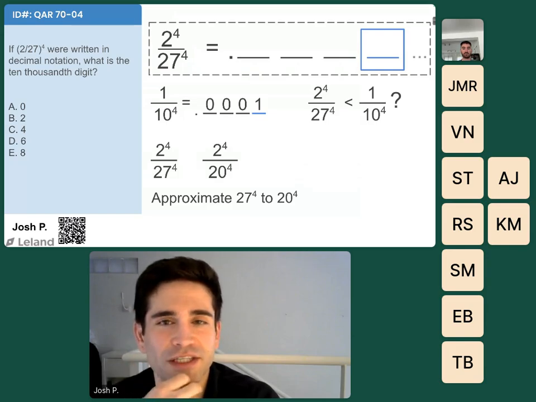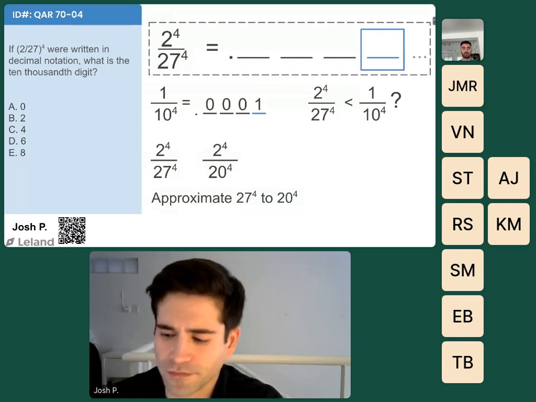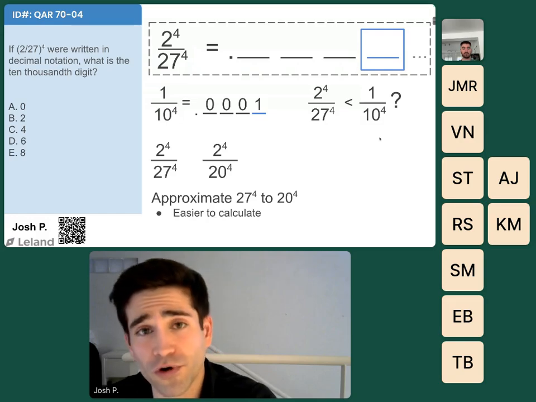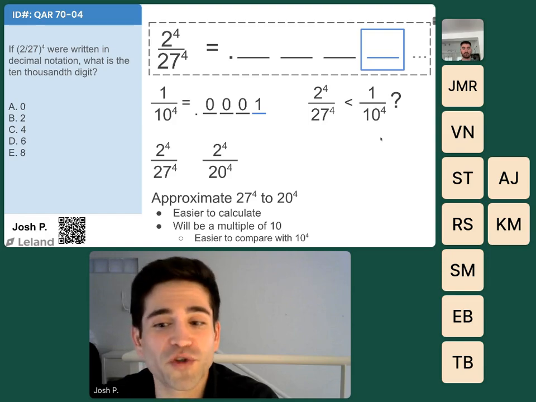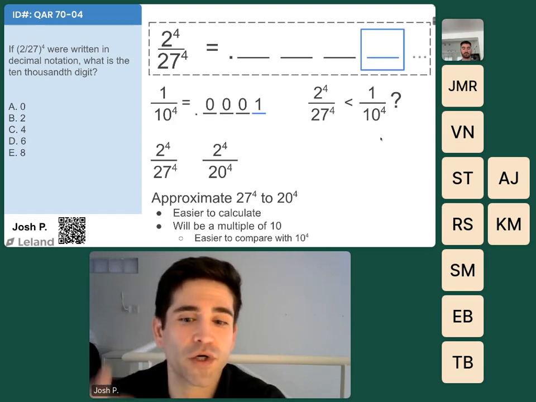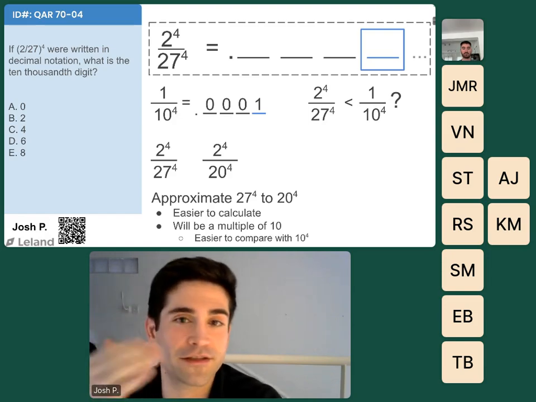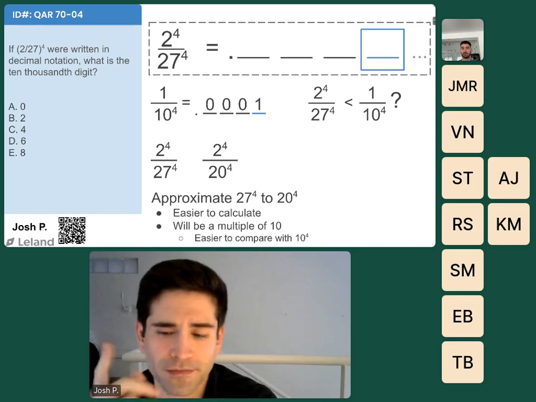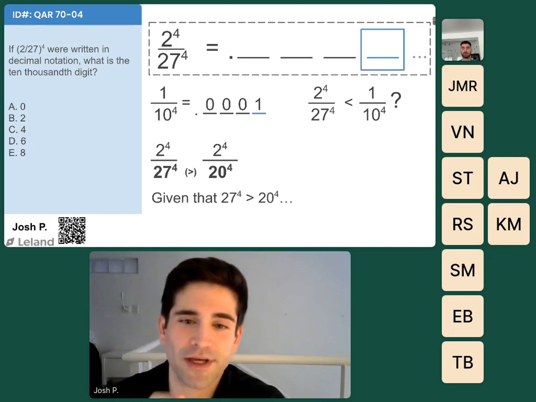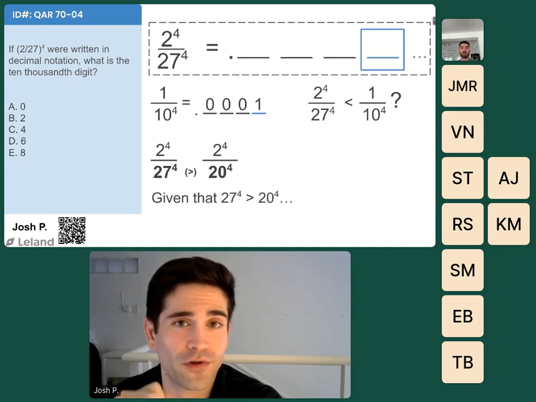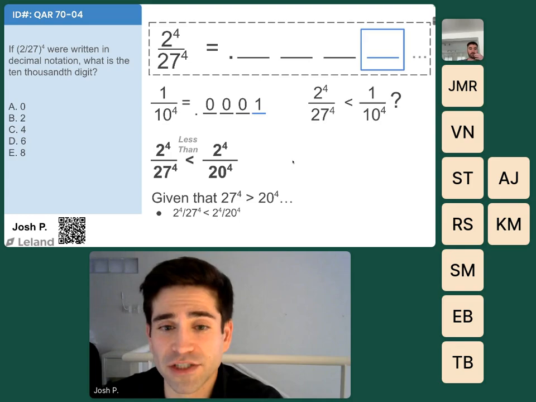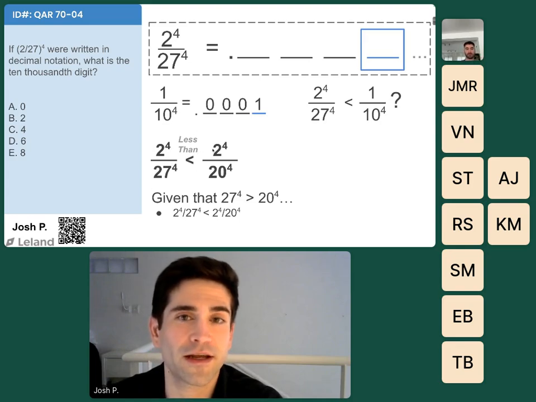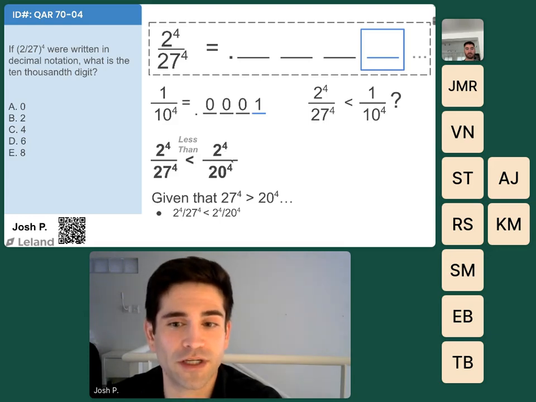That is a calculation that's much more manageable. 20^4, once again, is easier to calculate and will be a multiple of 10. And so it will be easier to compare with 10^4. Now, given that 27^4 is greater than 20^4, I know that the fraction 2^4 over 27^4 will be less than 2^4 over 20^4.